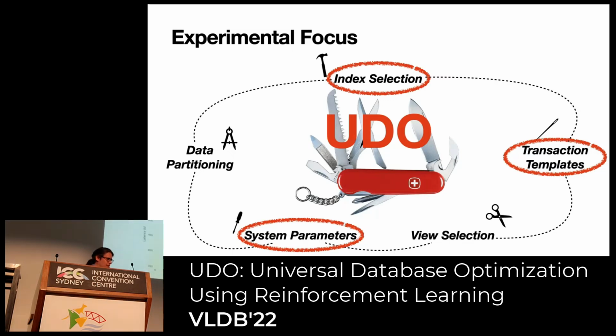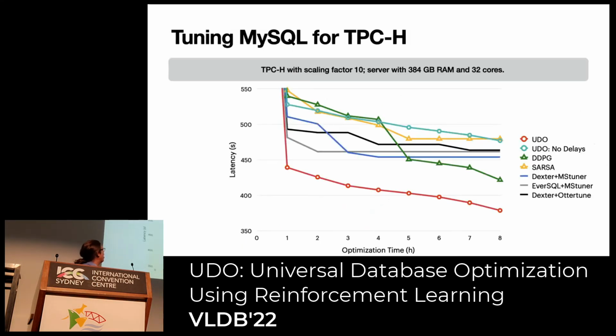Now here, for instance, we have results when optimizing MySQL for a TPCH. On the x-axis, you see the optimization time, whereas on the y-axis, you see the execution time for TPCH queries.